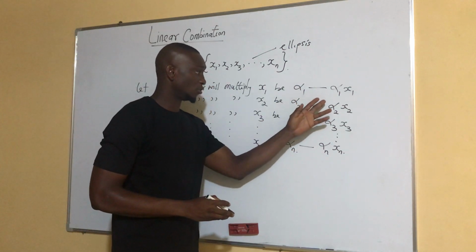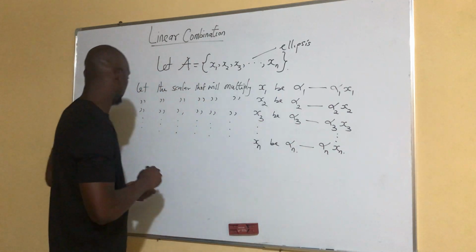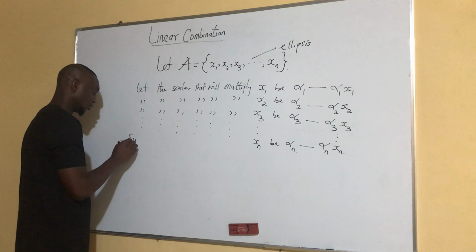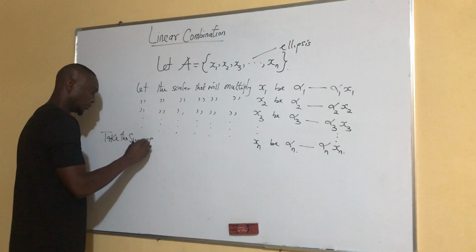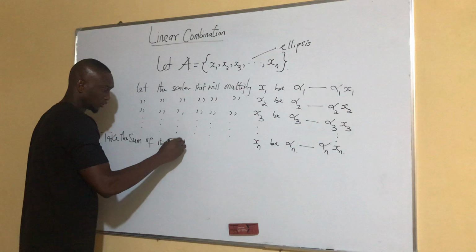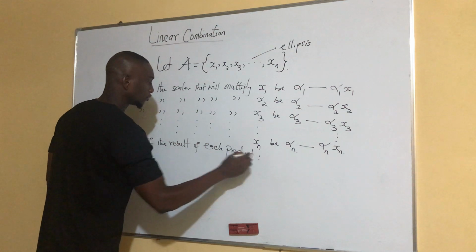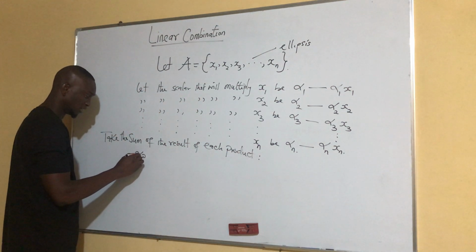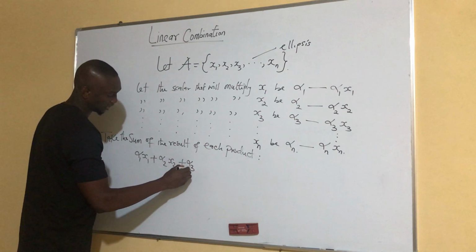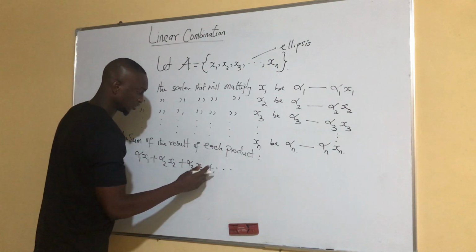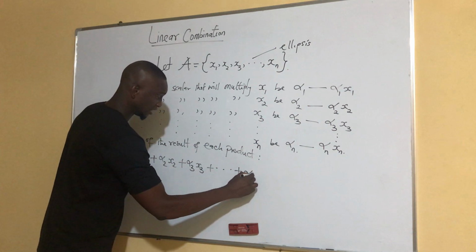Now if the sum of the outcome of the products is taken, which is when you take the sum of the result of each product, we have alpha 1 x1, alpha 2 x2, alpha 3 x3, with an omission in the sum, then we have alpha n xn.